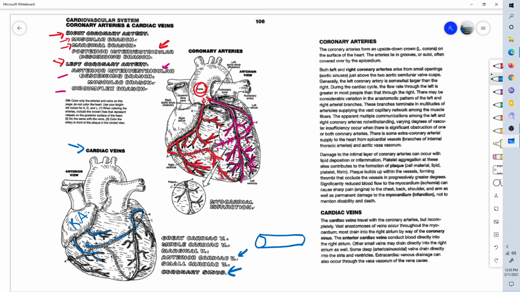Contributing to the coronary sinus here on the back of the heart is the middle cardiac vein. Of course, the great cardiac vein here wraps around from the front to the back and draining into the coronary sinus. This should be sort of a big vein here on the back side of the heart.